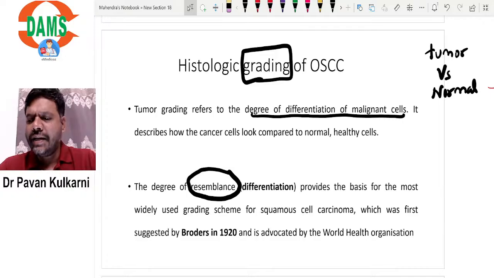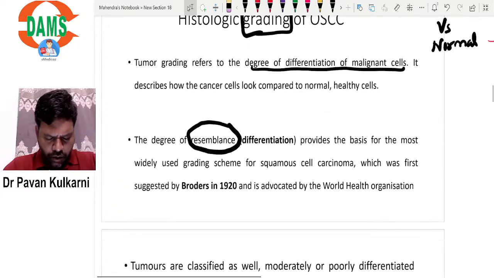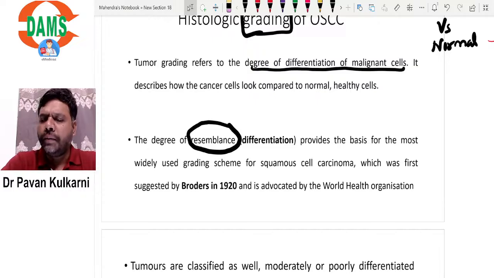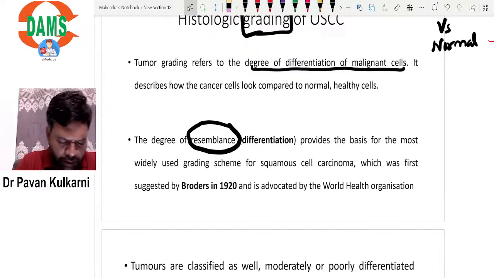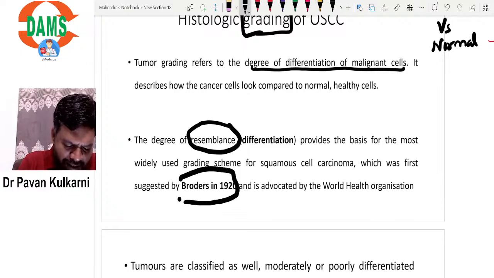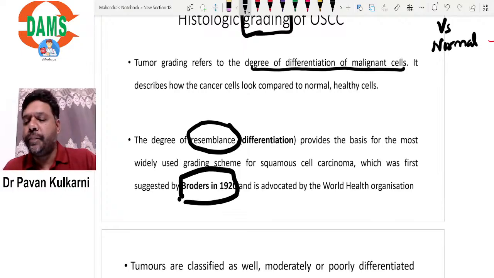Now let us understand that this grading has been given by two people, that is Broder's. The most important grading system that is very widely used is Broder's grading system from the year 1920.